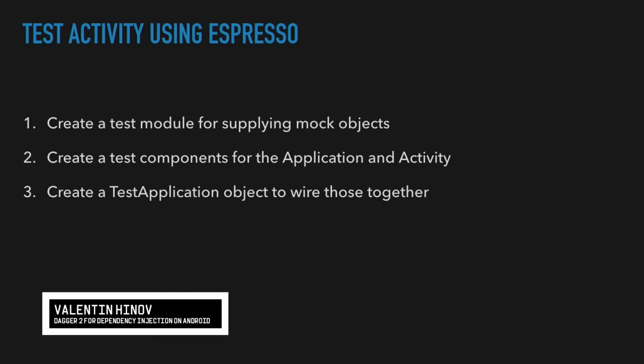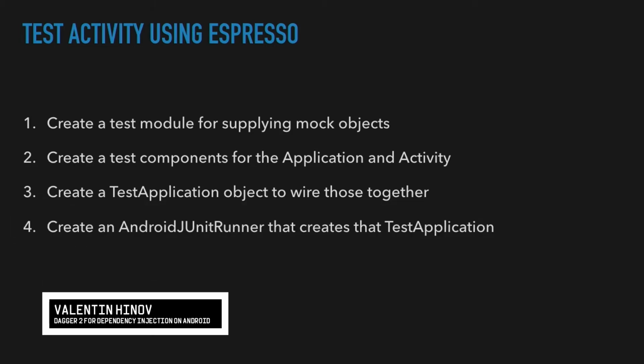Then you have to create a test application class, which subclasses your application to wire these things together. Then you have to create a custom Android JUnit runner if you're using an Espresso test that actually instantiates that application. And then you can actually go and create your activity test.